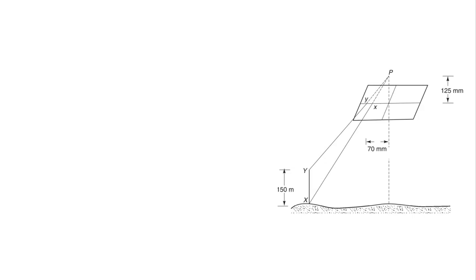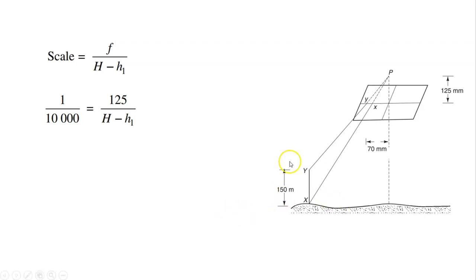Let's solve this. We know that the scale equals f divided by H minus H1. Capital H is the flying height, whereas H1 is the elevation of the point at which the chimney is located. Now, the chimney is exactly located at the datum, so the H1 value is 0.